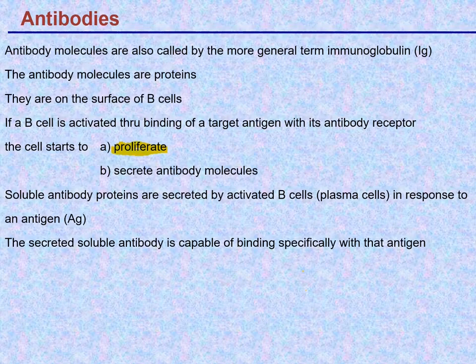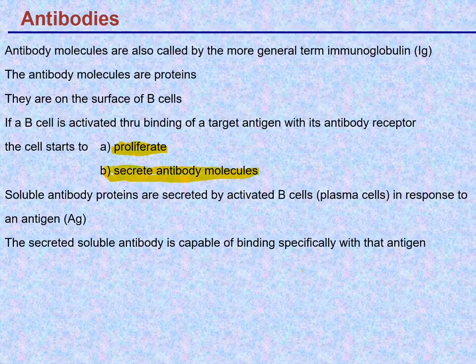And sure, you start with only a very tiny number of cells that were activated, but as it doubles with time, it gets to a huge number of cells. So you're getting more and more cells with a particular type of antibody on their surface, because they're proliferating, they're multiplying. The other thing is that they start to secrete the antibody molecules.